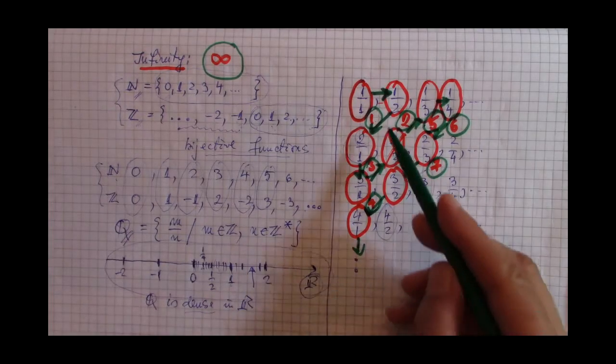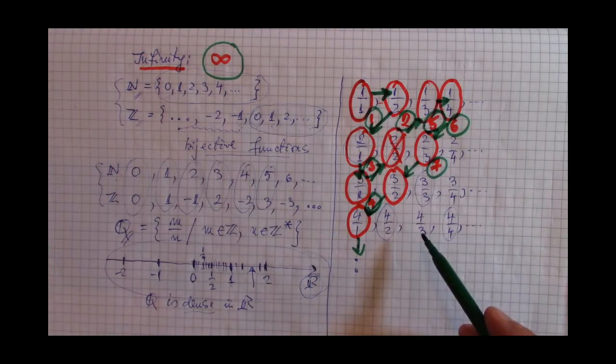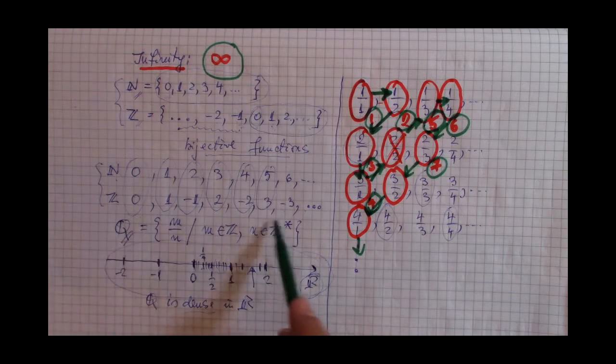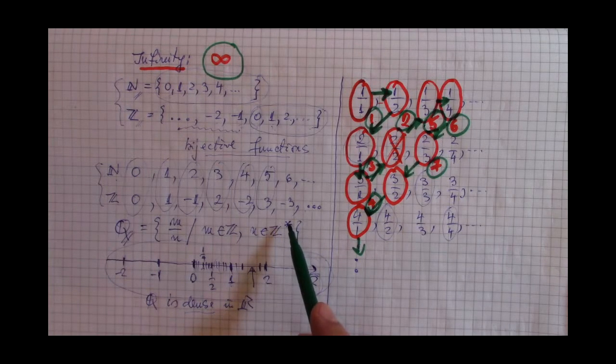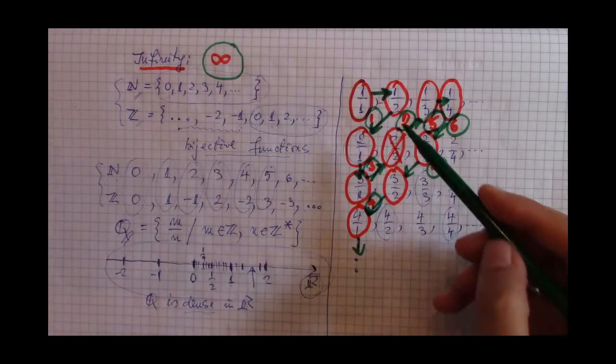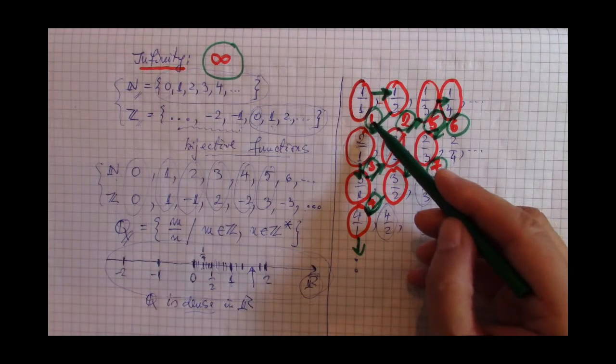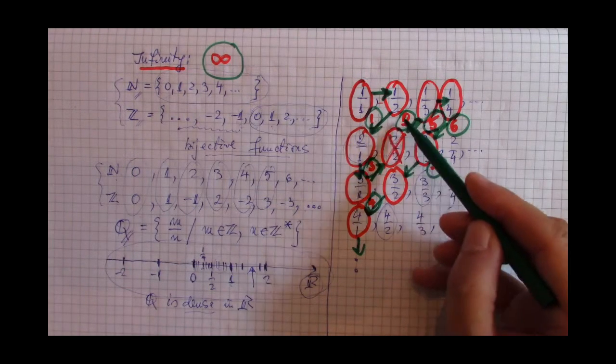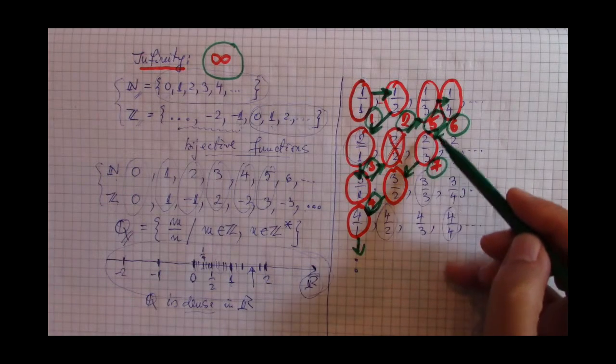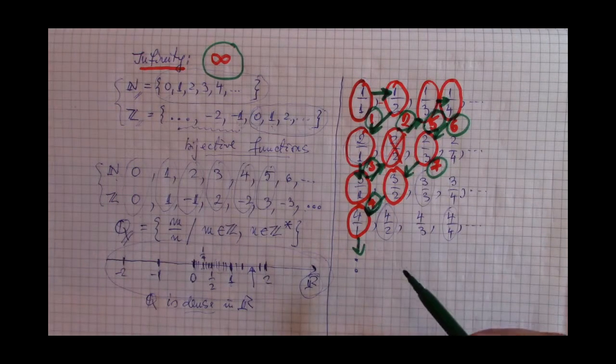We just wrote the rational numbers in a clever way. Here, we wrote the integers in a clever way. So that we can come up with a mapping between the set 1, 2, 3, 4, 5, 6, 7, and so on and so forth, and the positive rationals.